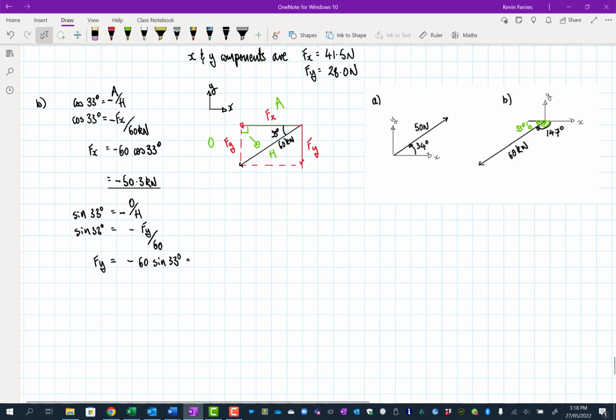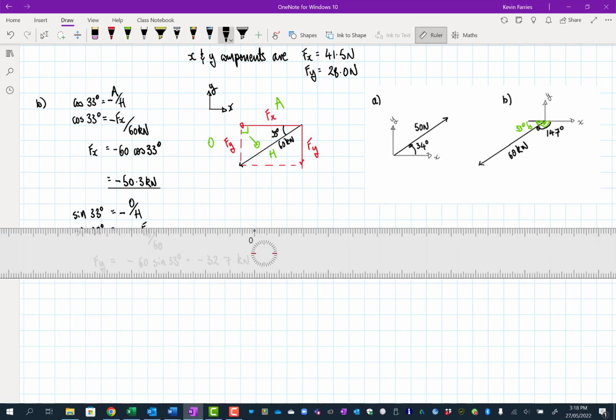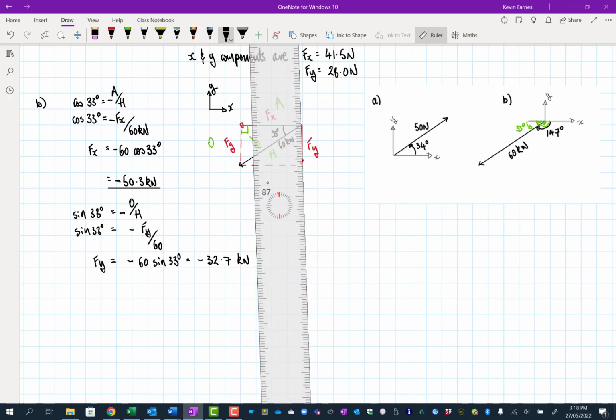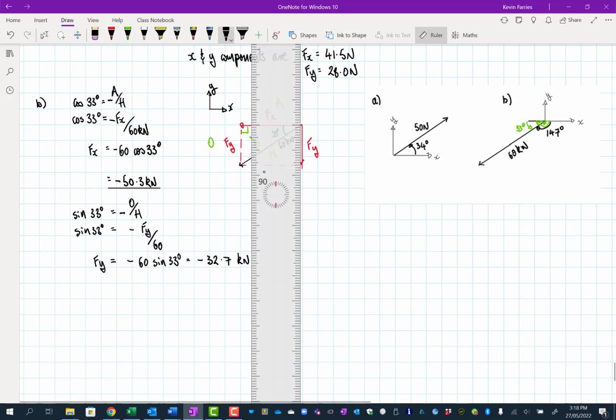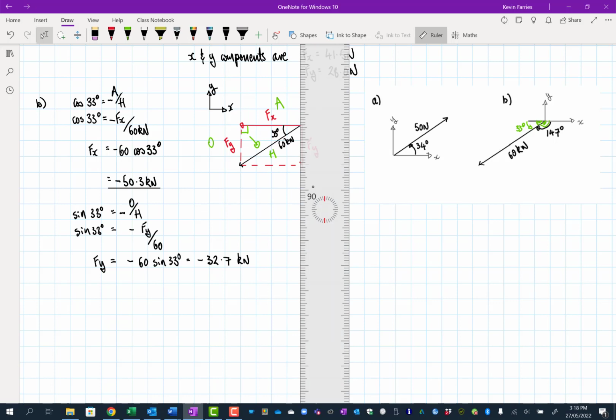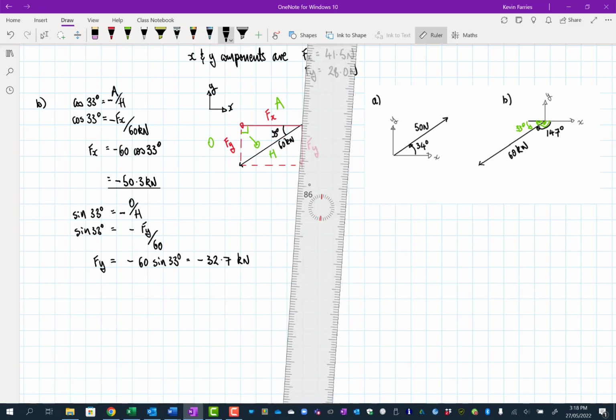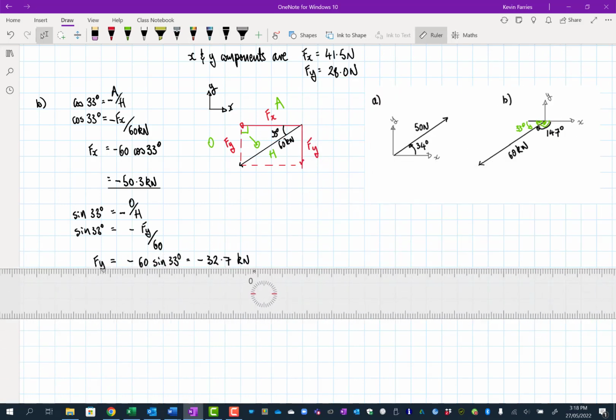Put it in the calculator and you're going to get minus 32.7 kilonewtons. Quick check, it's a bit small so it's not a terribly useful check. We've got 10, 20, 30, it's all drawn a little bit too big, it's a little bit bigger than that, so that looks okay. So let's underline that one to show we've checked it.